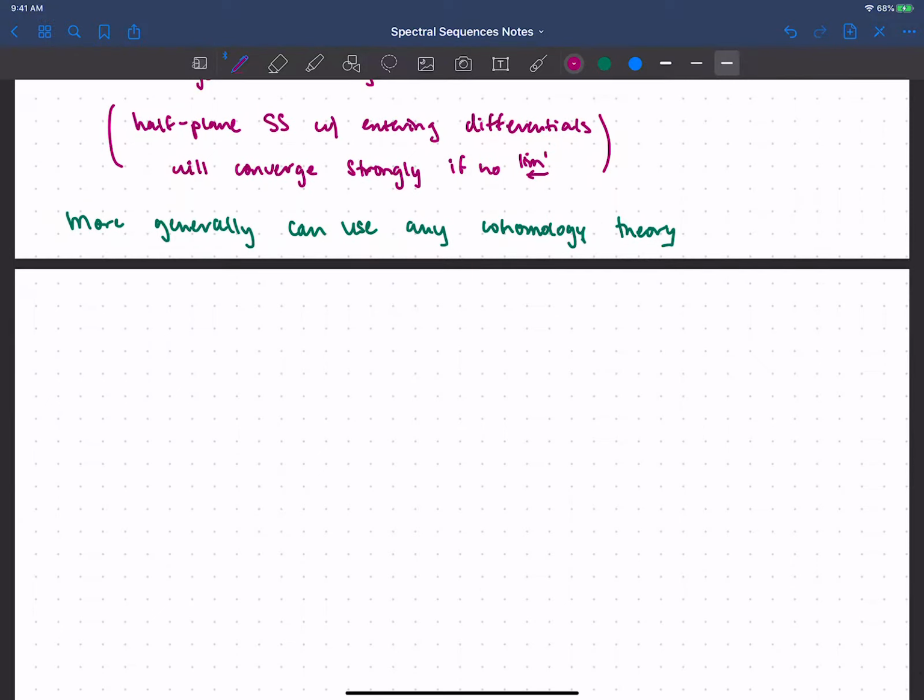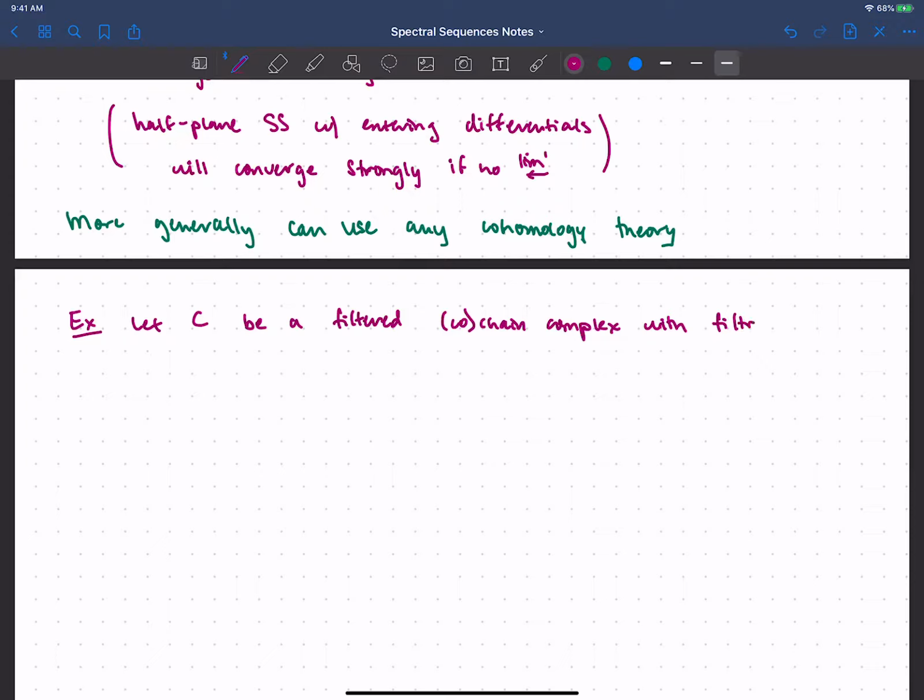Okay, what other kinds of spectral sequences have we looked at? So another common one is to have a filtered chain complex or cochain complex. That's really just which way you index things. So let me be kind of agnostic. I'll probably pick cochain complex just because I've been writing everything cohomologically lately.